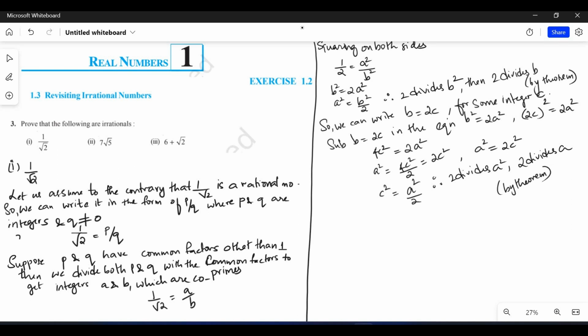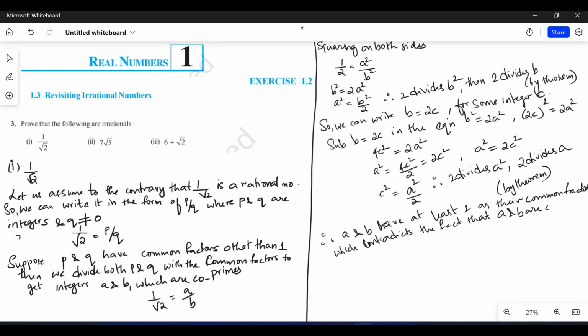So from this we can understand that both A and B have at least 2 as their common factor, which contradicts the fact that A and B are co-primes.